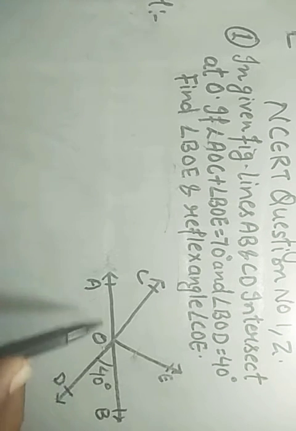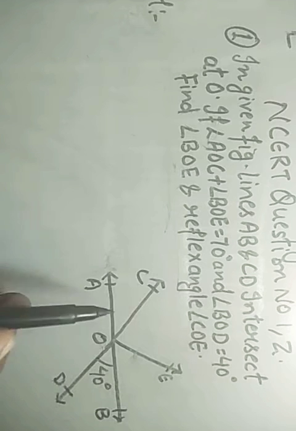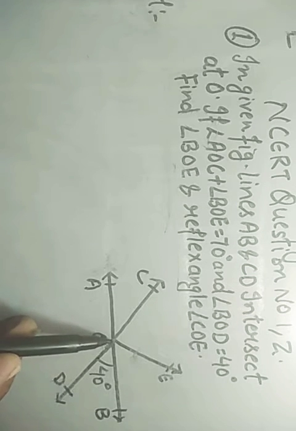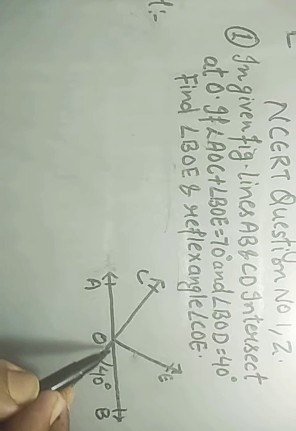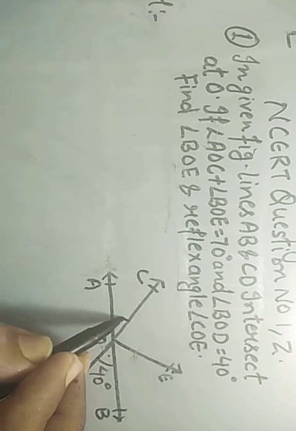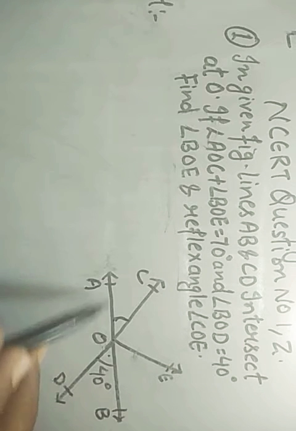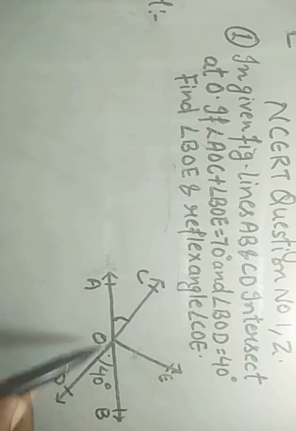AB is a straight line and CD intersects AB at O. We learned in our previous videos that when two lines intersect at a common point, two pairs of vertically opposite angles are formed. One pair of vertically opposite angles is this one and this one. So angle BOD is equal to 40 degrees, so angle AOC is also equal to 40 degrees.